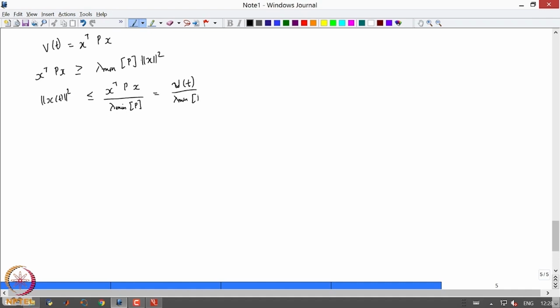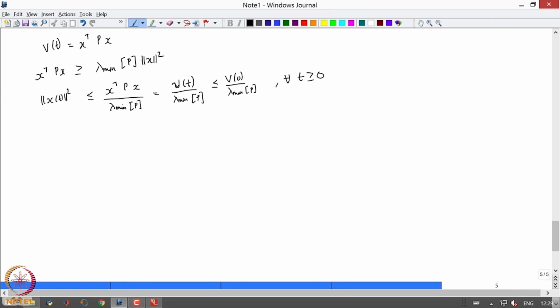This remains the same. Okay, this is less than or equal to v of 0 over lambda min of P because v is a non-increasing function as proved in the previous steps. Okay, and this is valid now for all times t greater than or equal to 0.